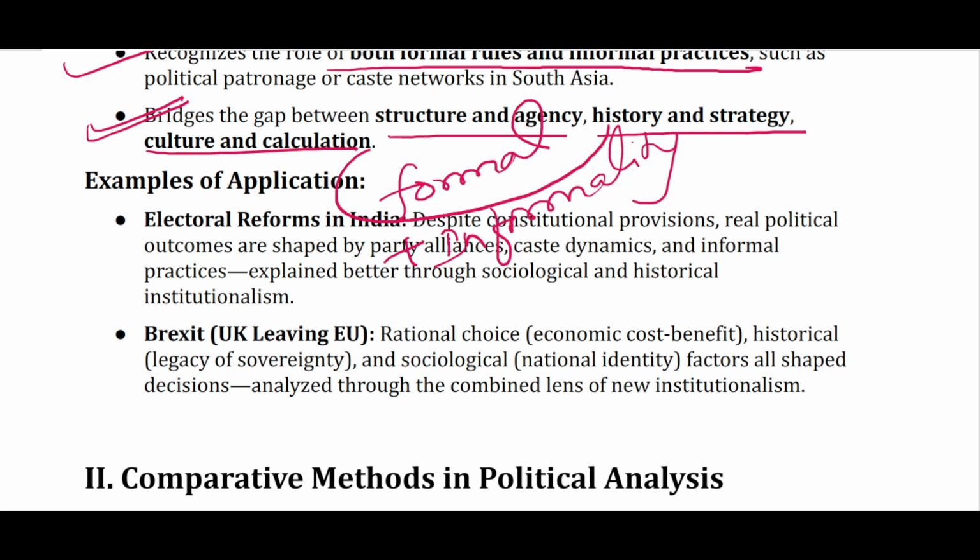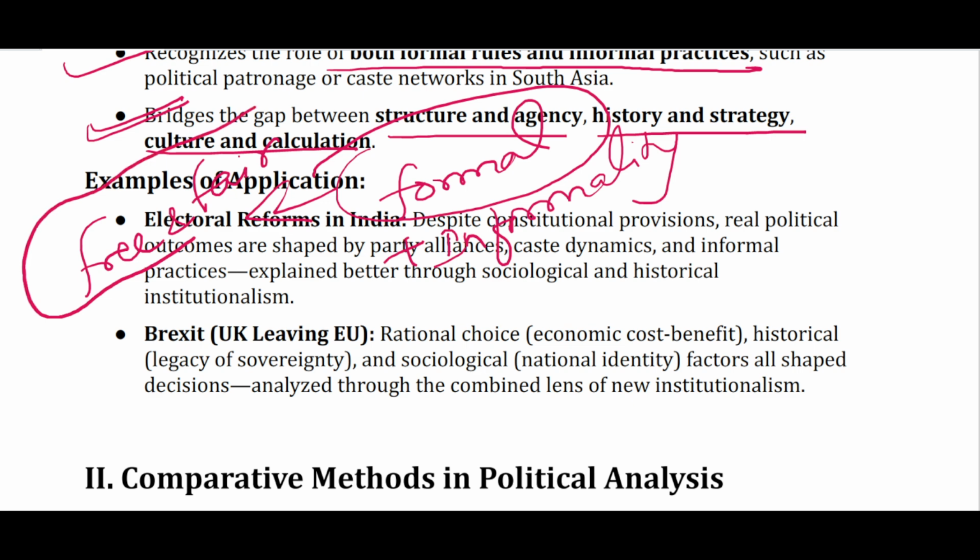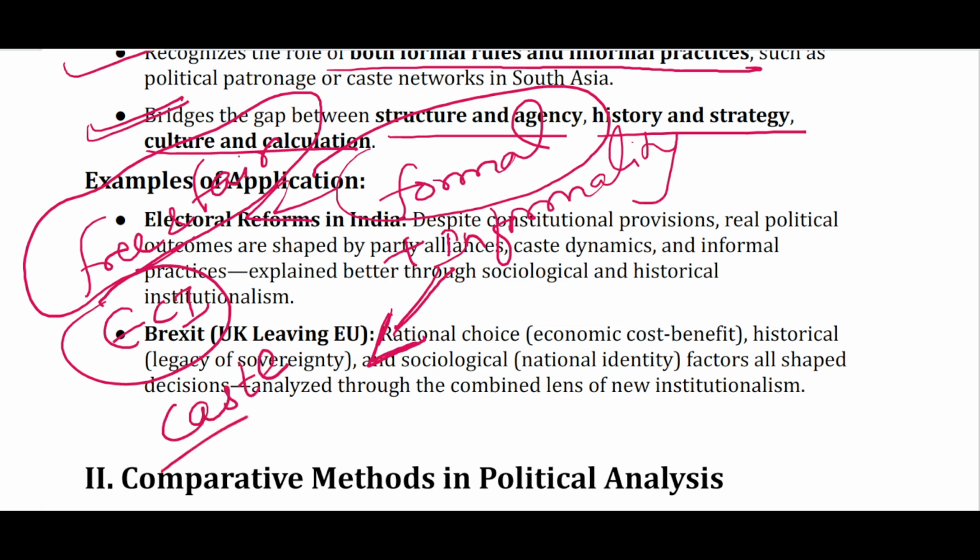For example, the elections are free and fair, and are held by a reputed institution, the Election Commission of India. But in voting behavior, some people still vote on the basis of caste.